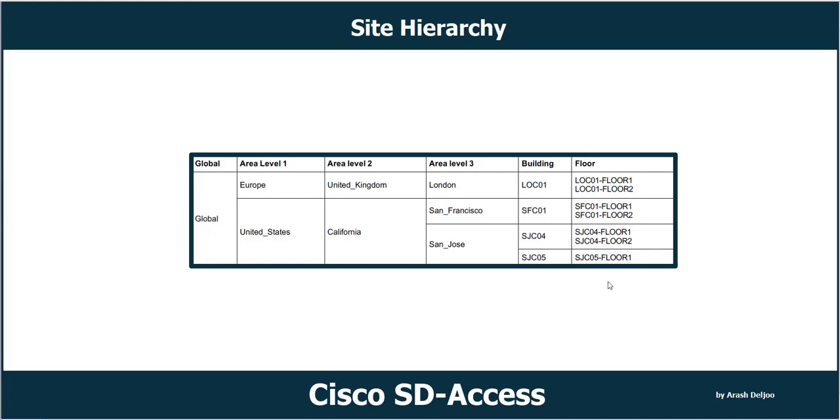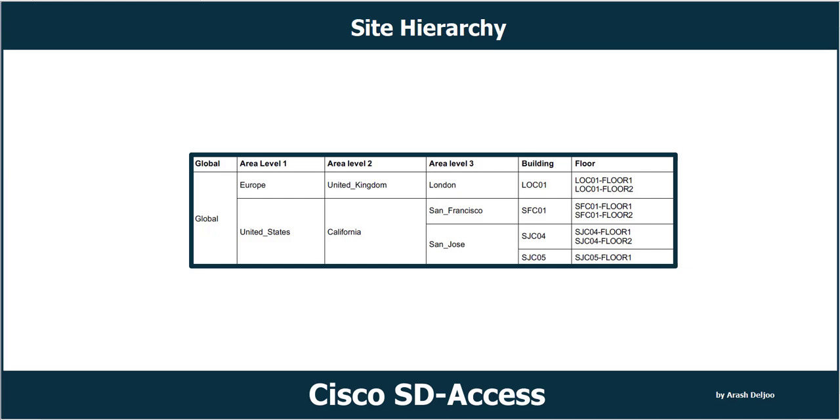Actually, you can configure and show all of these branches on your map in Cisco DNA Center. It can give you a graphical representation of the branches. The Cisco DNA Center Graphical User Interface, or GUI, is designed to show network operators a geographical representation of their network on a map.